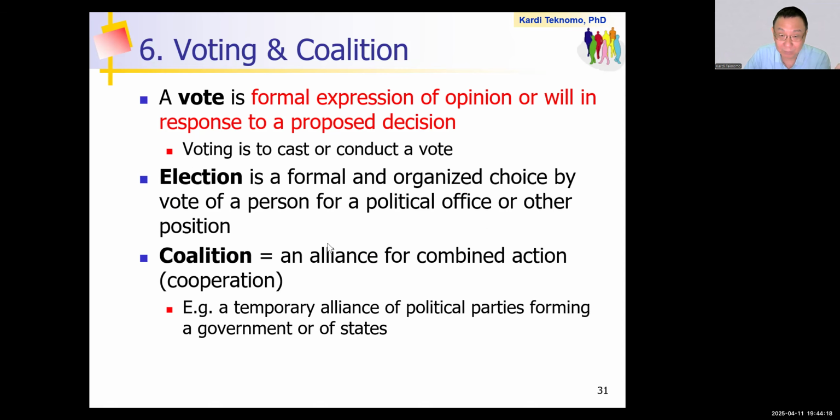A coalition means an alliance of combined action, a kind of cooperation. Remember, a coalition is always a temporary alliance of political parties forming a government or a state.